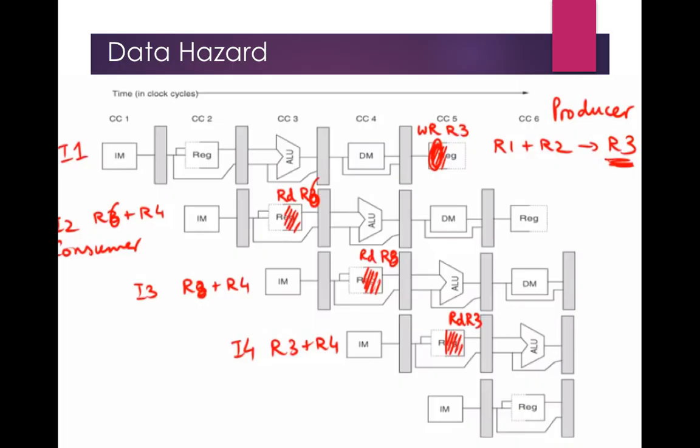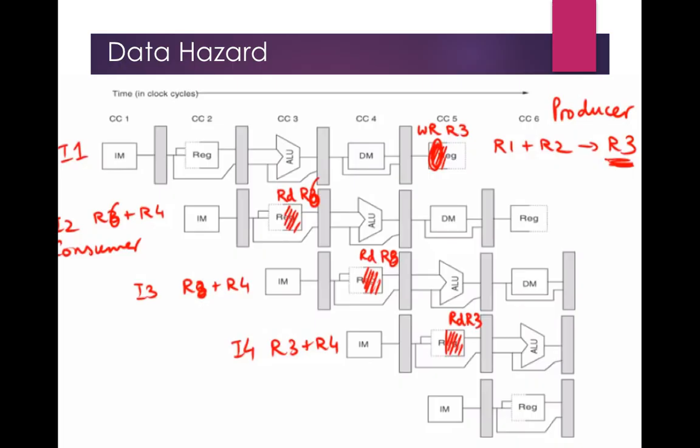If it is coming at instruction 2, we have renamed it as R6. When it comes at instruction 3, we have named it as R8. And when it comes as instruction 4, that is the time we check whether any data conflict occurs.